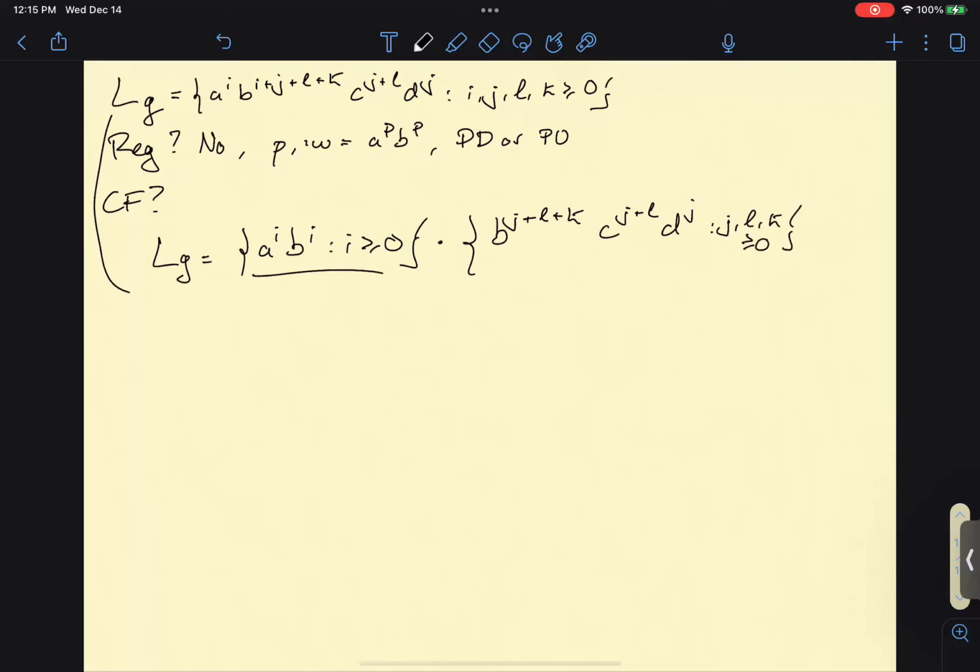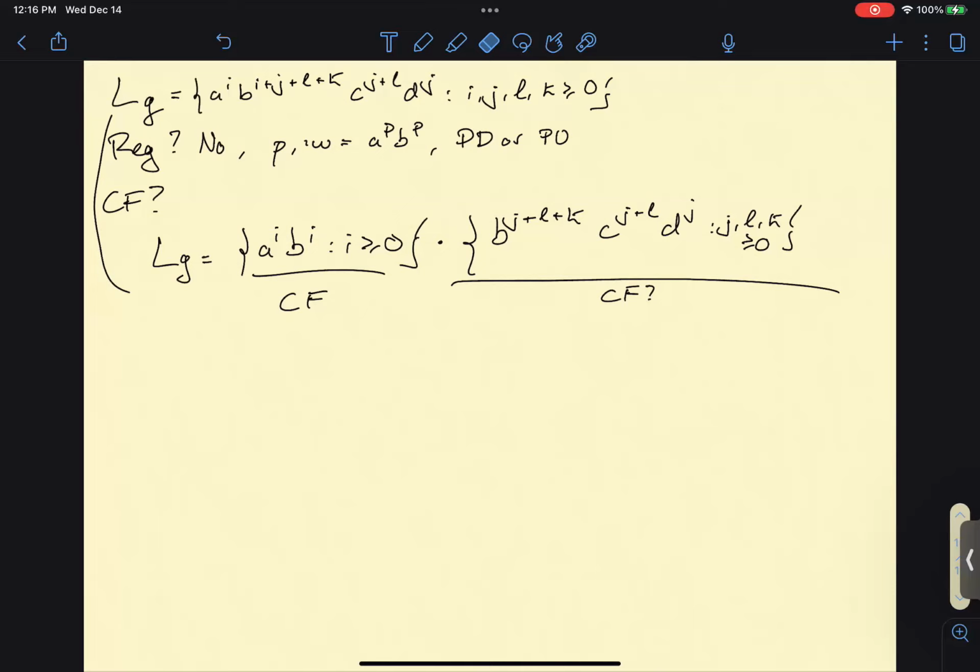Okay. So this is definitely context free. But now you're claiming that this is also context free. Hmm. I don't know if I agree with that. It happens. So maybe this is not context free.